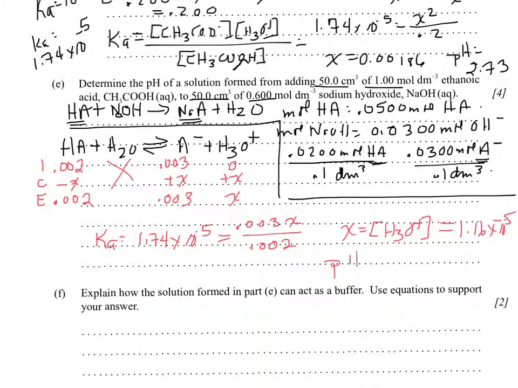So pH is the negative log of that number, which gives me 4.94. You do need to show work for the full 4 points. You have 3 points if you have the correct answer with no work shown.